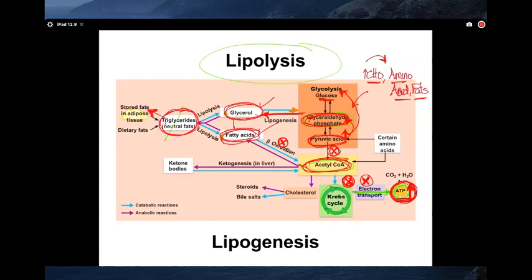If the proteins you're eating are not going to be required for your cells to build up protein structures in your body, you're not exercising, for example, but you keep drinking protein shakes.